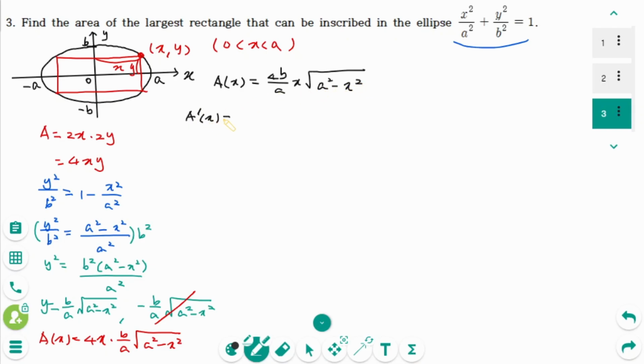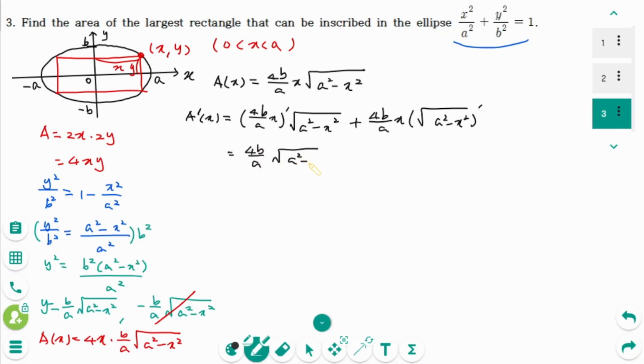Then A'(x) equals 4b over a times (x)' times the square root of a squared minus x squared, plus 4b over a times x times (square root of a squared minus x squared)', equals 4b over a times square root of a squared minus x squared plus 4b over a times x. d/dx of square root of x equals 1 over 2 square root of x.